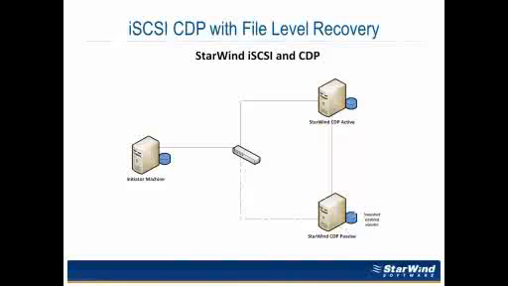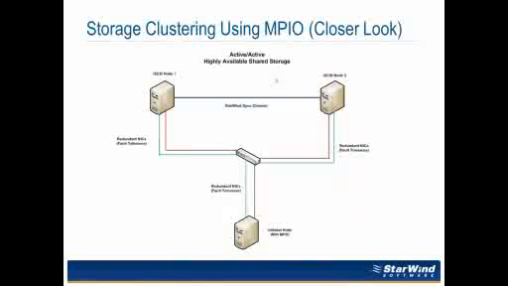I can simply mount one of these snapshots on this passive node as a read-only volume, and then copy that data over to the active SAN, thus restoring it and bringing that database back online, making that SharePoint service available again to that group of end users. So that's one level of data protection outside of the nightly backup that's available to you by using shared storage. And then there's the high availability piece.